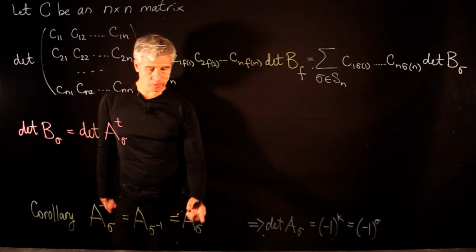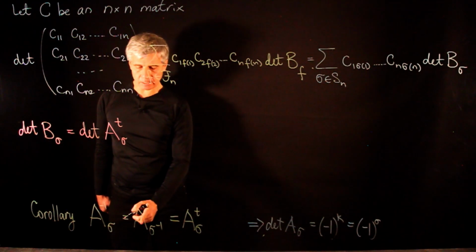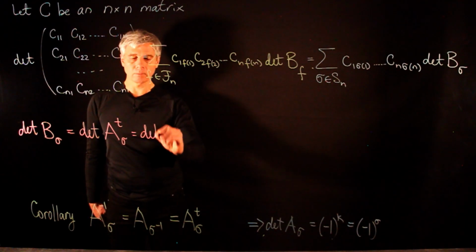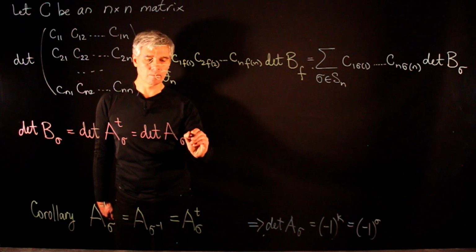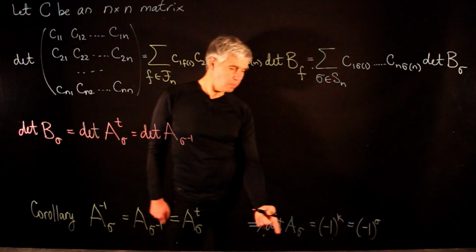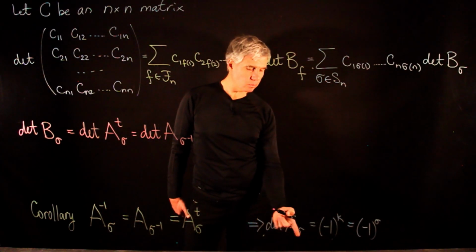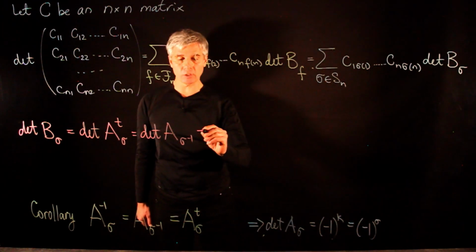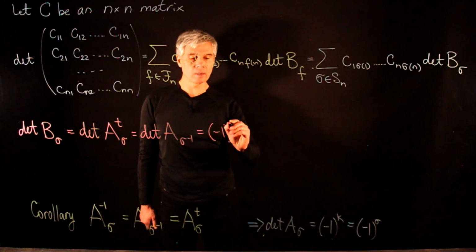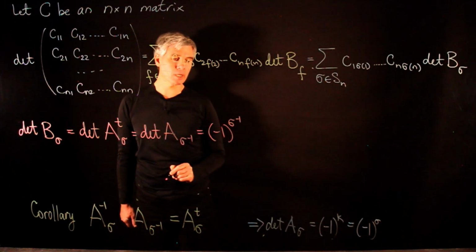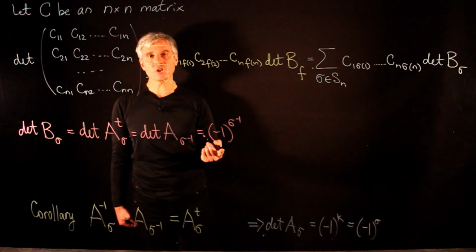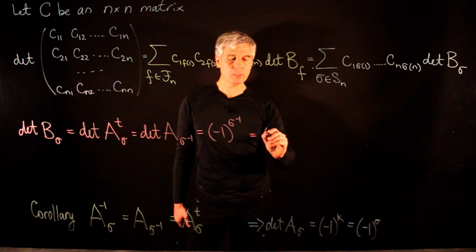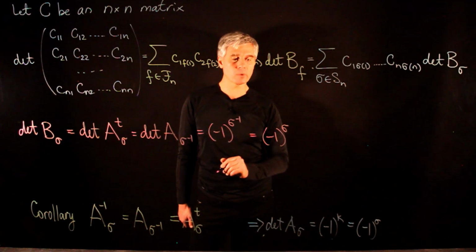And the transpose of the matrix A sigma is the same as the permutation matrix A sigma inverse. And here we know that the determinant of a permutation matrix is the parity of the corresponding permutation. So this is equal to the parity of the permutation sigma inverse. And permutation sigma and sigma inverse have equal parities. So this means that this is -1 to the power of sigma.